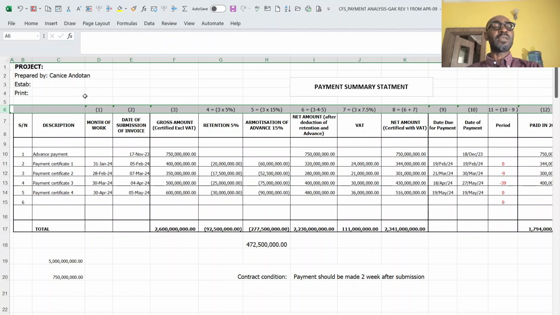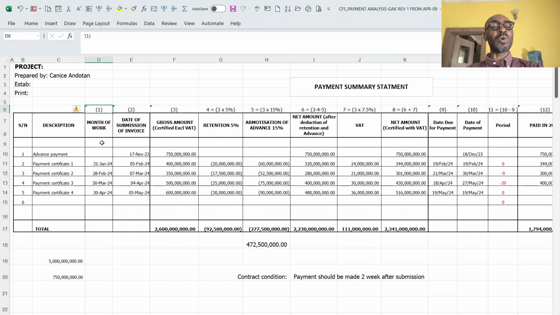As you can see, column D is numbered as 1, while column E is numbered as 2, F is 3.